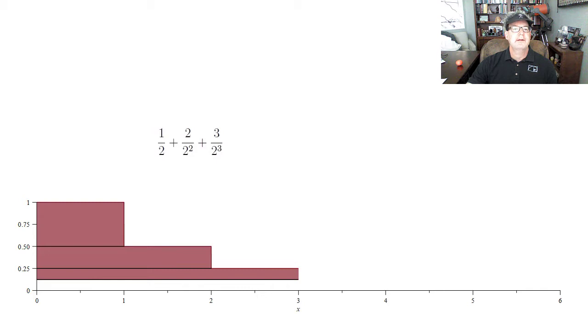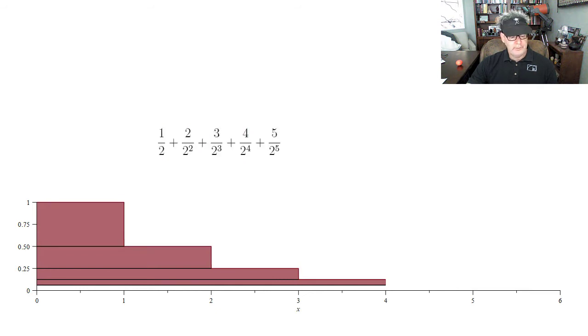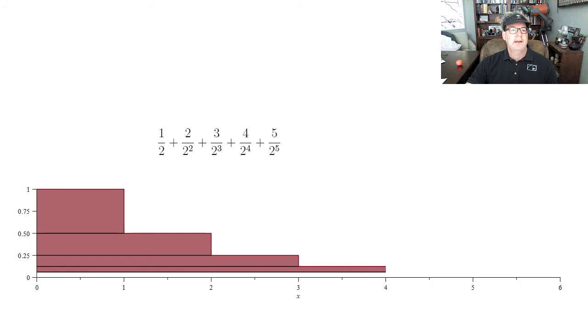So let's see, n equals 4. So here we go. This has 1/16 for the height, 4 for the length. There's 1/16 left. The next one will be 1/32 for the height, and 5 for the length.